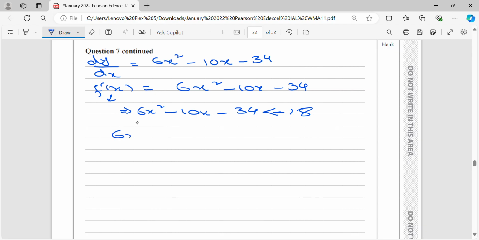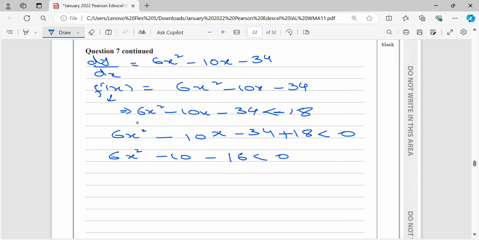So let's first find the critical values, bring the negative 18 to the other side, and we have less than 0. Then 6x squared minus 10x as it is, minus 34 plus 18 is negative 16.